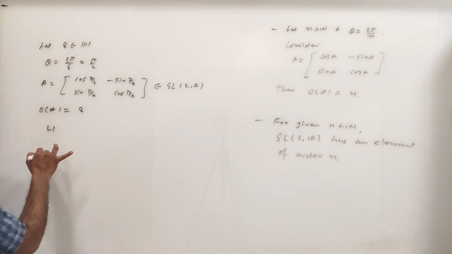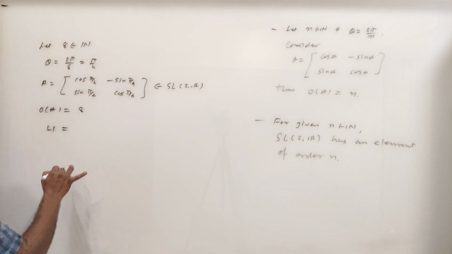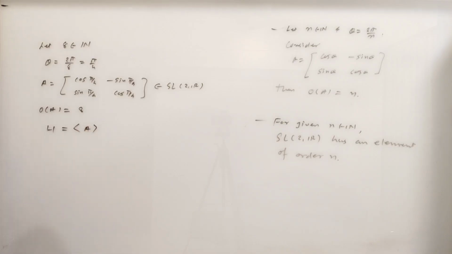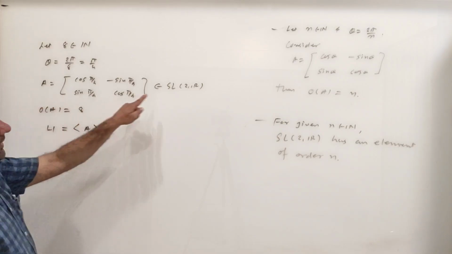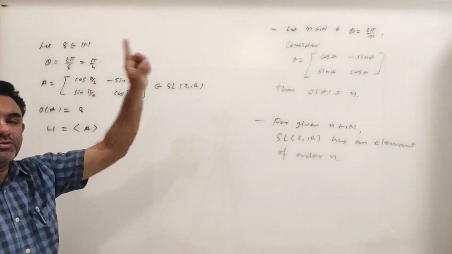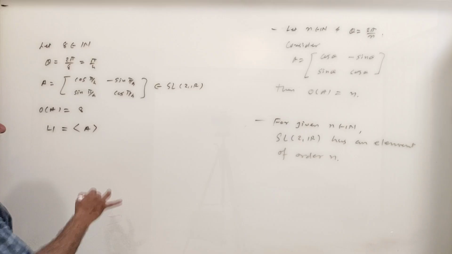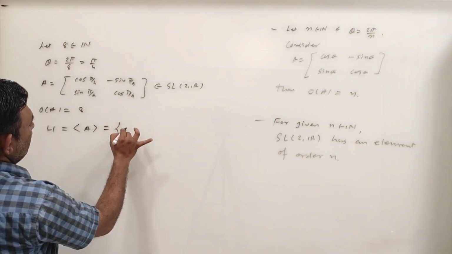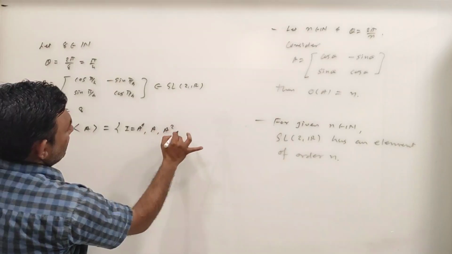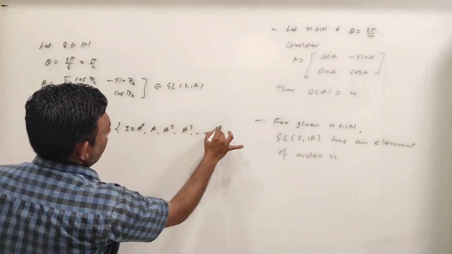Now you consider H is equal to the group generated by A. See, A is in SL2R, so A square, A cube, A raised to 4 up to A raised to 7 will all be elements of SL2R. So it will be identity, that is A raised to 0, A square, A cube, and so on up to A raised to 7.